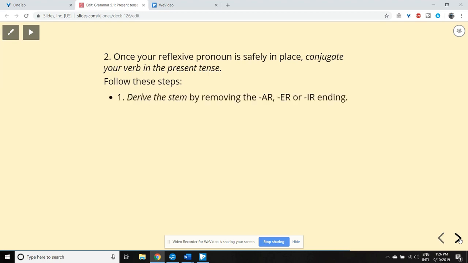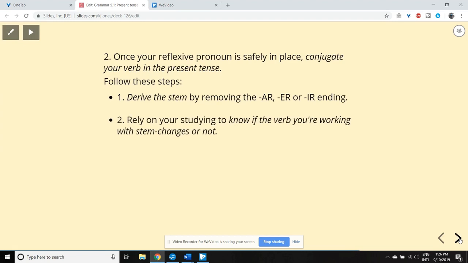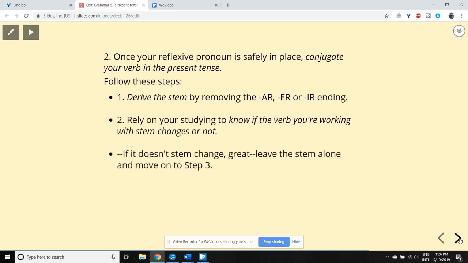First of all, as always, you derive the stem by removing the AR, ER, or IR infinitive ending. Then you rely on your studying to know if the verb that you're working with stem changes or not. That's the only way you're going to know. If the verb doesn't have a stem change, great. Leave the stem the heck alone and move on to step 3.